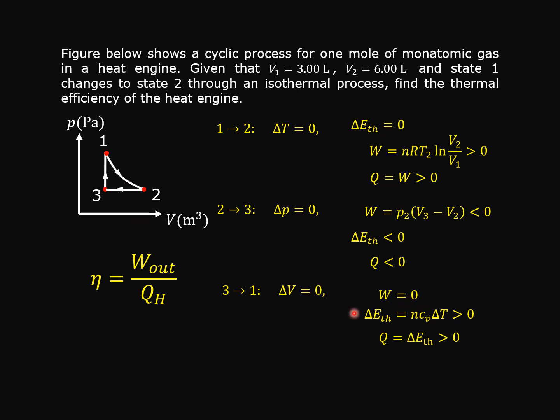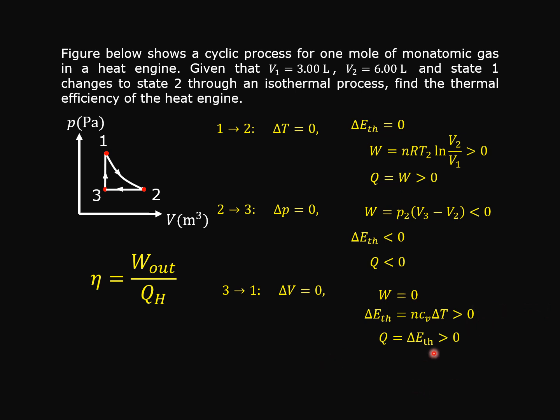And the internal energy change, we can get it from the formula n Cv delta T, where Cv is the molar specific heat of the gas at constant volume, n is the number of moles, and delta T is the change of the temperature. When the state changes from state 3 to state 1, the temperature is increased. That's why there's a delta T here. And since the temperature is increased, this change of the internal energy gives us a positive value.